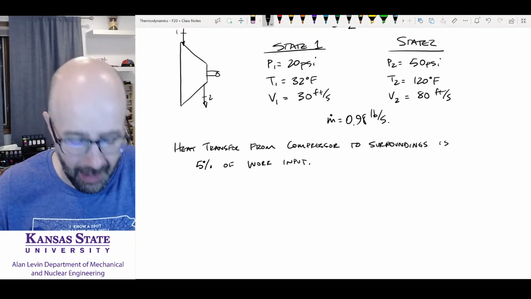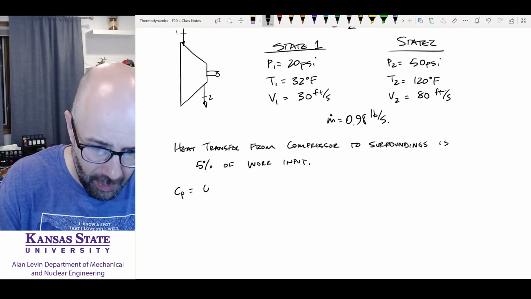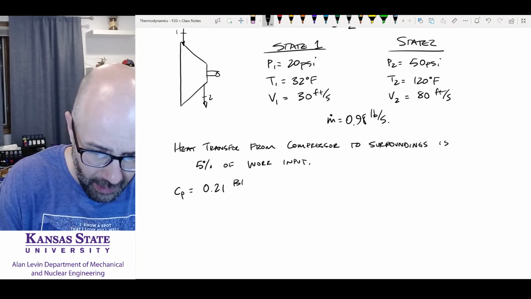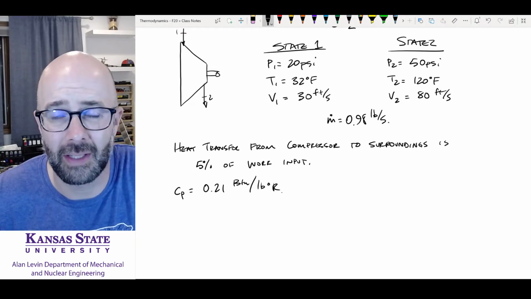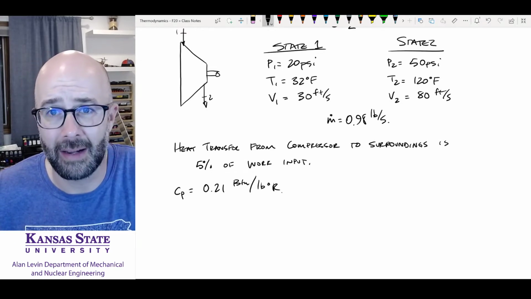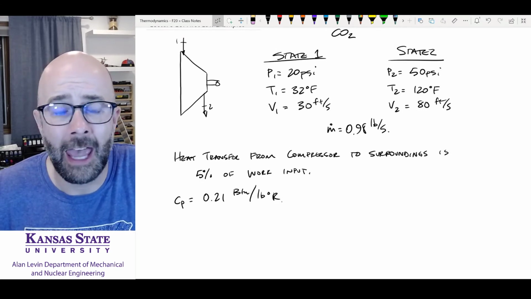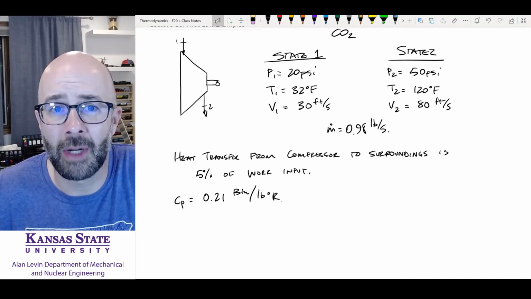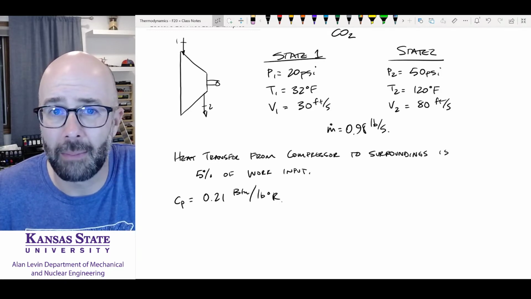The other thing they want us to do is to do this with a constant specific heat method. So they want us to say that the specific heat is going to be 0.21 BTUs per pound per degree Rankine. Now let's think about if this wasn't given to us as constant specific heat. Carbon dioxide is one of our table values in table A23, and the properties are given to us in BTUs per pound mole, not BTUs per pound mass.